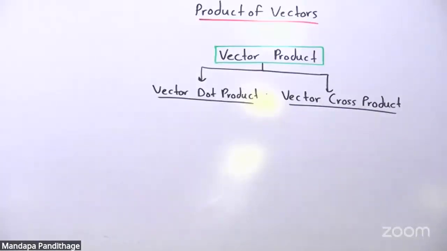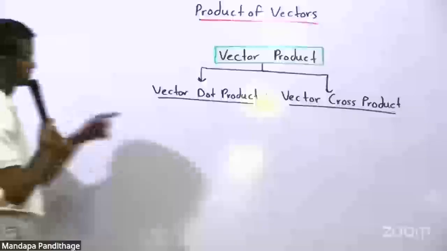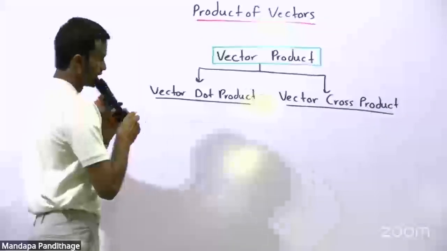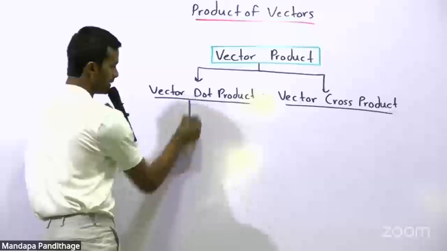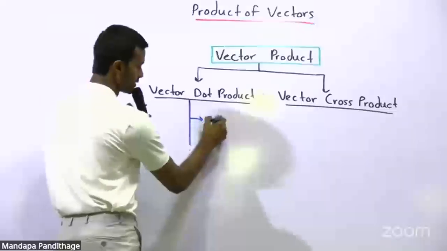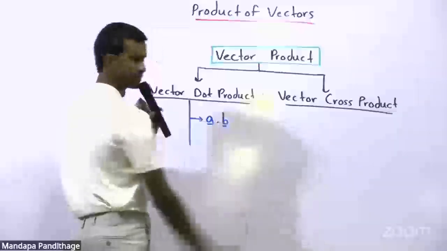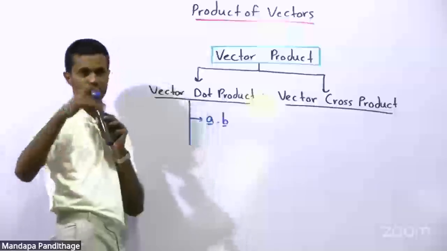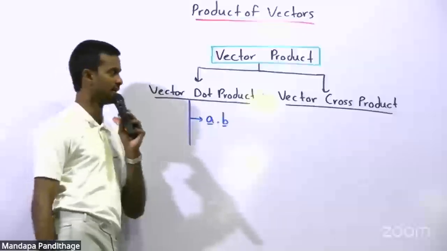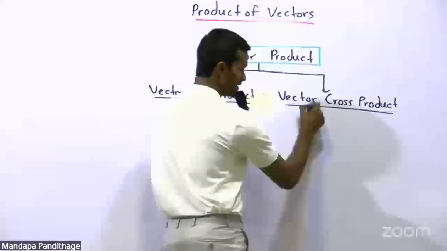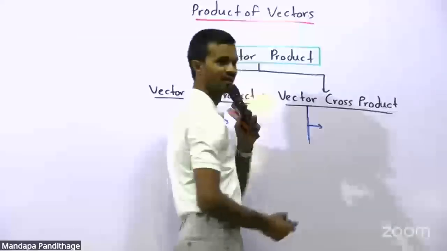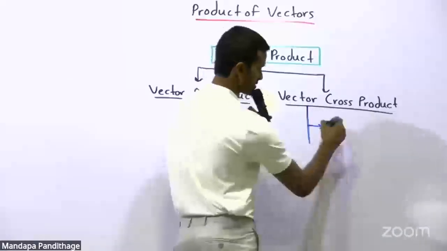So being simple, why do we name this as vector dot product? The reason is it is denoted by a dot. It's denoted by a dot, so we call it dot product. This one is denoted by a cross.